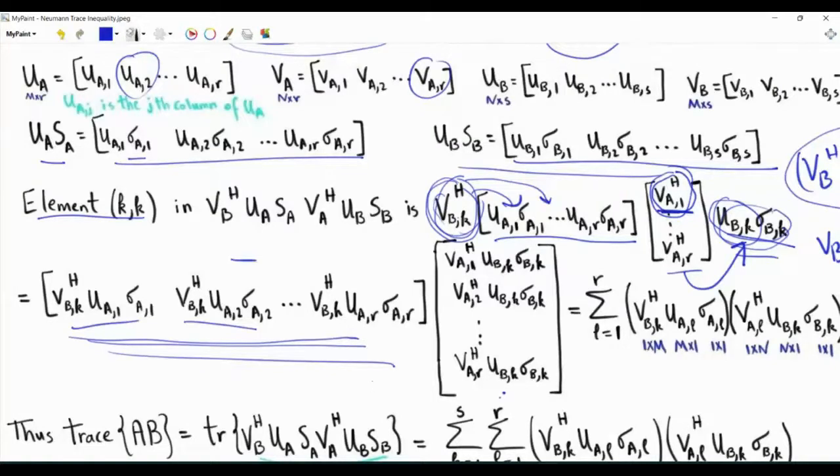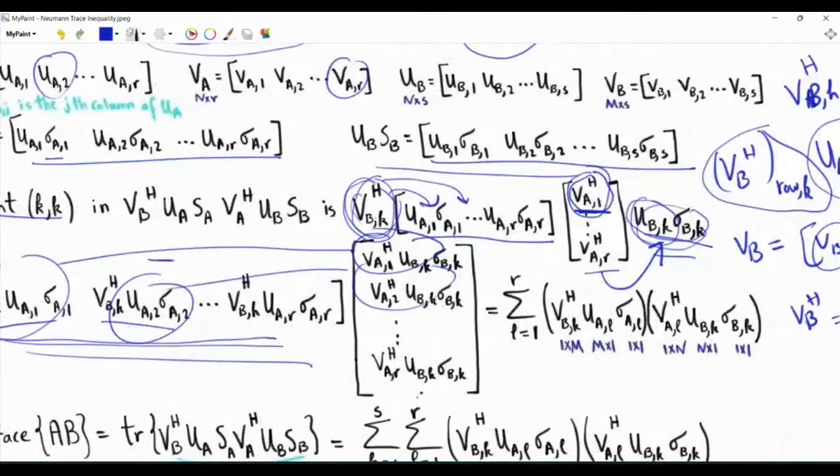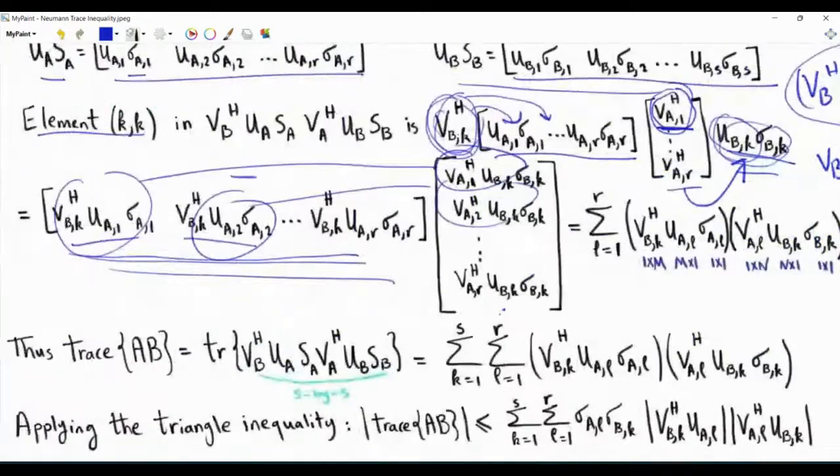Now finally we do the product: we take this element by this element plus this element by this element and so on. So the result that gives us element kk in our matrix of interest is a summation with r terms, because this row vector has r elements and this column vector has r elements.